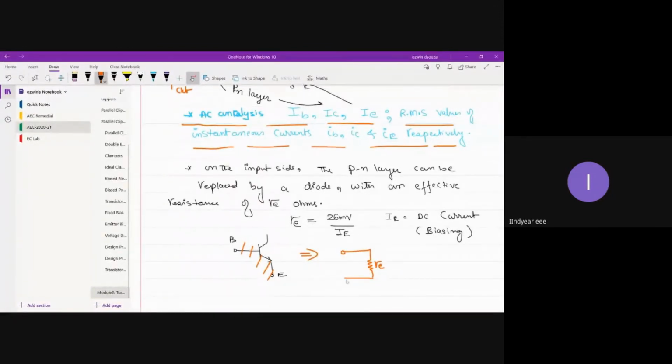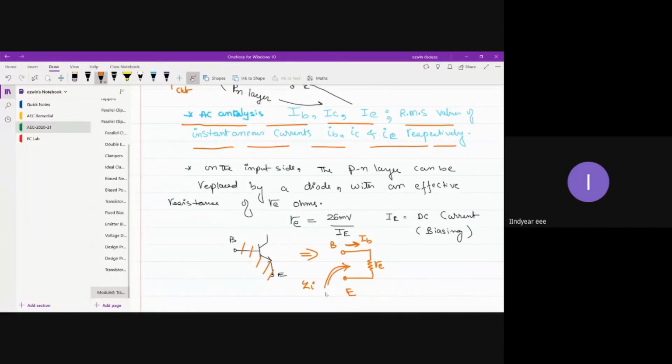That is how I construct the equivalent circuit for the input circuit. So this is your base terminal, and this is your emitter terminal, and to the base terminal, IB flows, right?